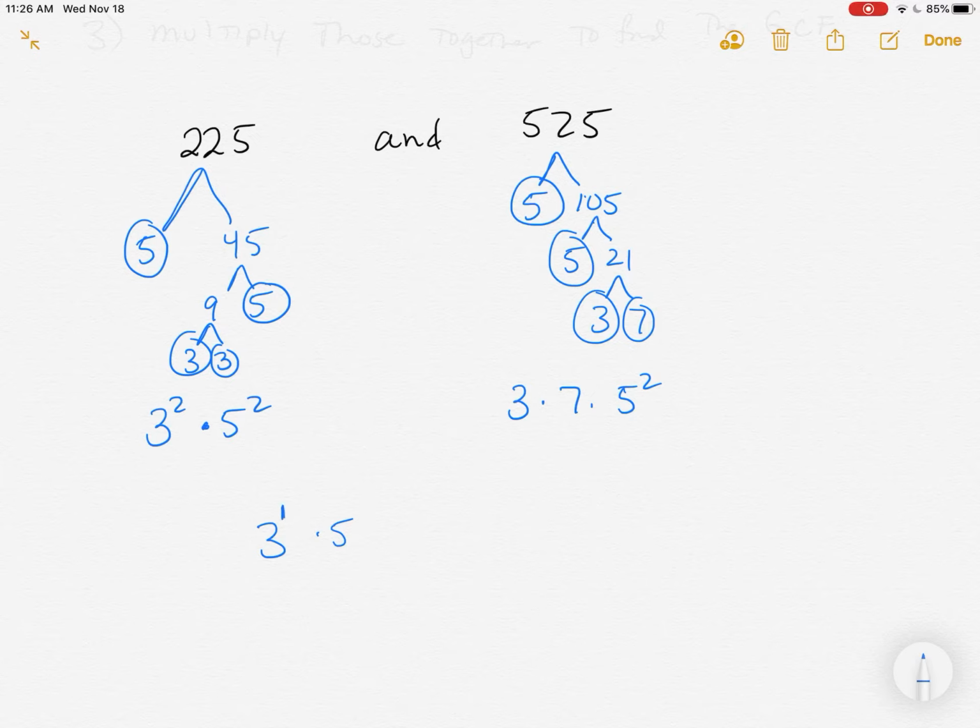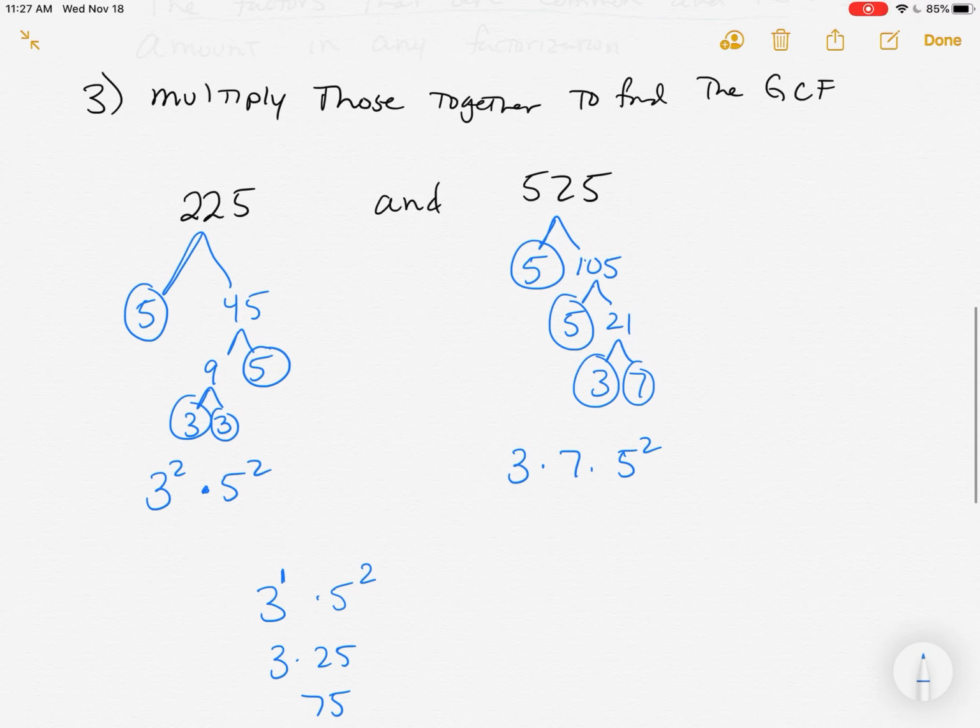And I'll put a 1 there for emphasis. Two 5's and two 5's, the least amount of 5's is 2. And so 3 times 25, or 75, is the biggest number that goes into both of them. 75 will divide evenly into 225 and 525. And sometimes in a word problem setting, we really need to know that number.